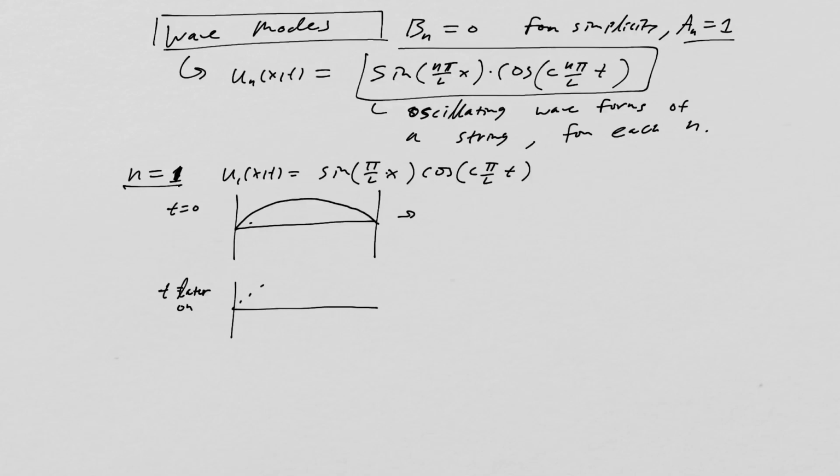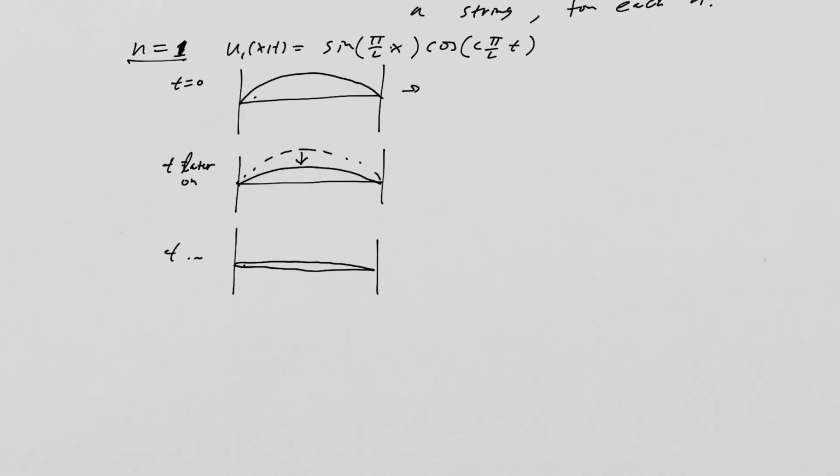We started initially up there, and now things are going to go down a little bit, like that. A little further on, we're going to become almost flat. If we go further, then our wave starts going all the way down.